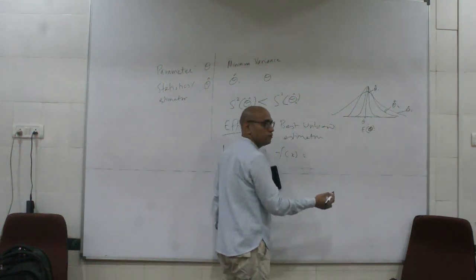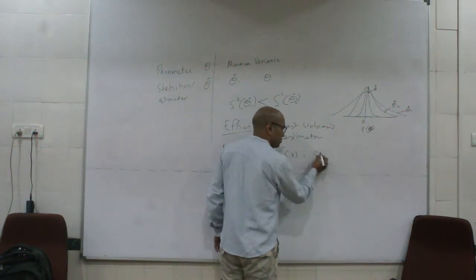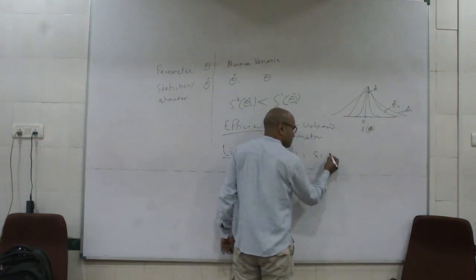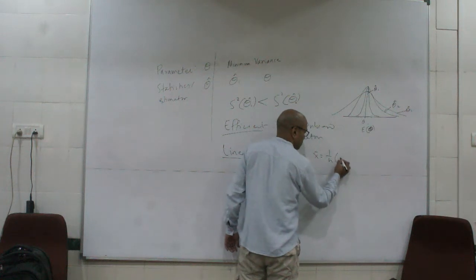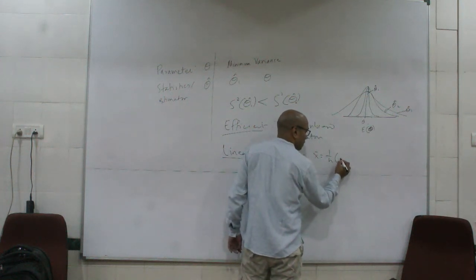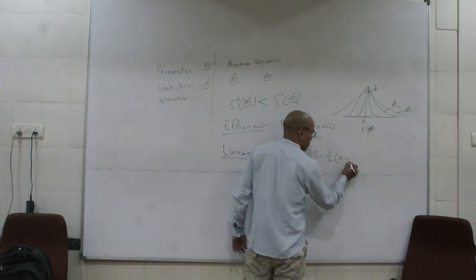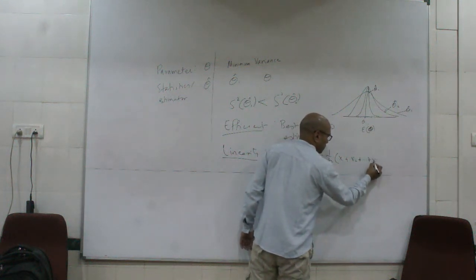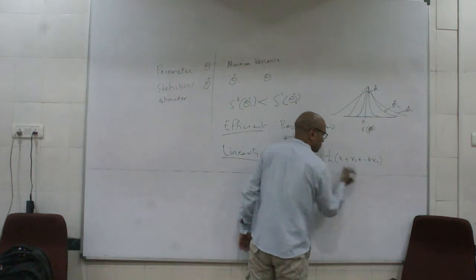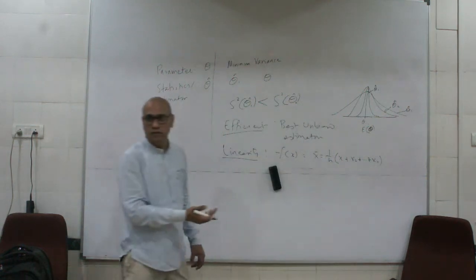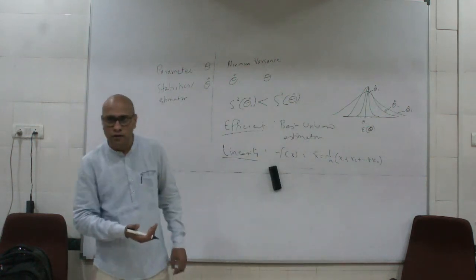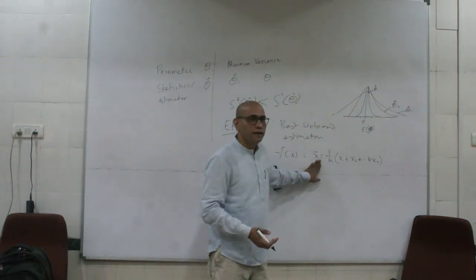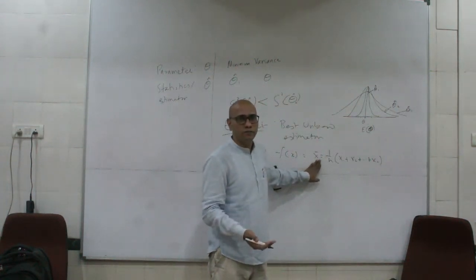Say for example, your x bar, which is an estimator of the population's mean, is basically 1 by n times x1 plus x2 plus up to xn. So it's a linear function, right? So I would also say that x bar is a linear estimator.